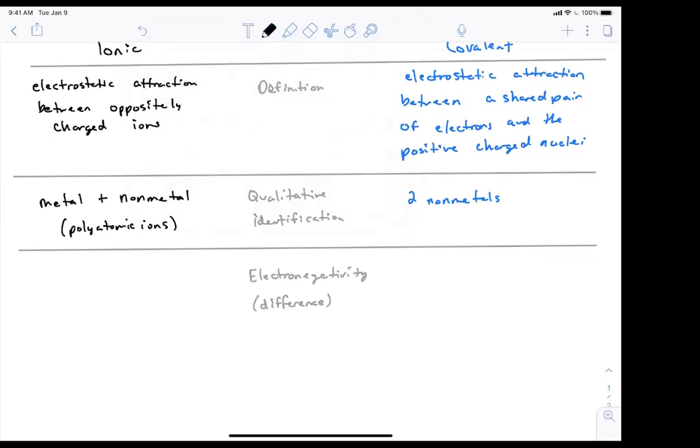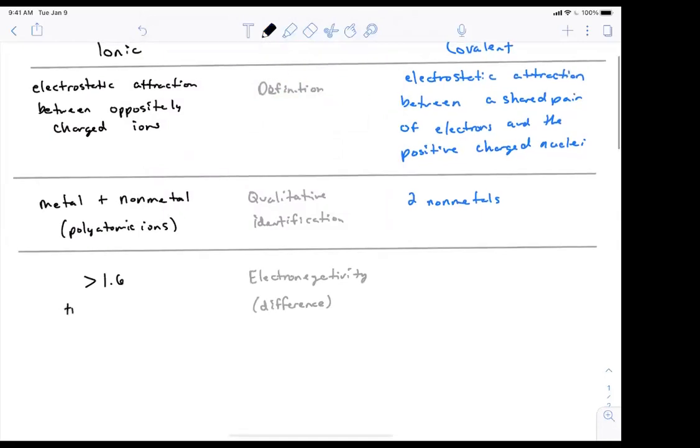For ionic, a difference greater than 1.6 generally means an ionic bond, meaning that there is a transfer of electrons because the imbalance is so great that one atom essentially takes the electron from the other atom because there's such a difference in attraction. For covalent, you might get a difference between 0 to 0.4, which we call nonpolar covalent, and then 0.5 to 1.6 is polar covalent.